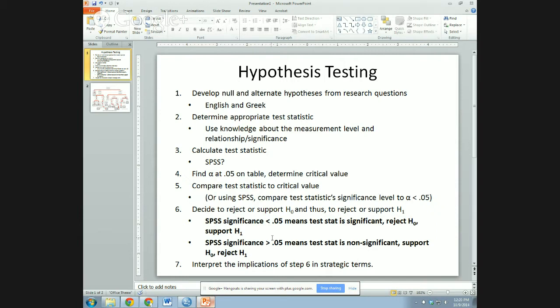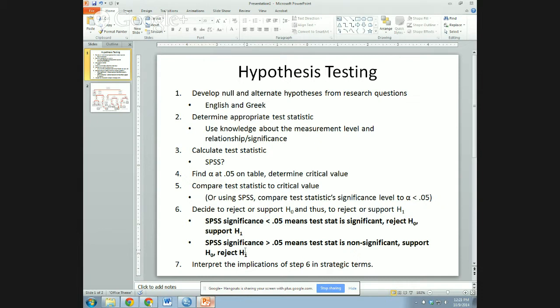The last part of this is to interpret the implications of step 6. So we can decide whether we accept or reject the null hypothesis or the alternative hypothesis. But that doesn't tell us managerially what we do with that. If I say there's a significant difference, how do I interpret what that difference means?